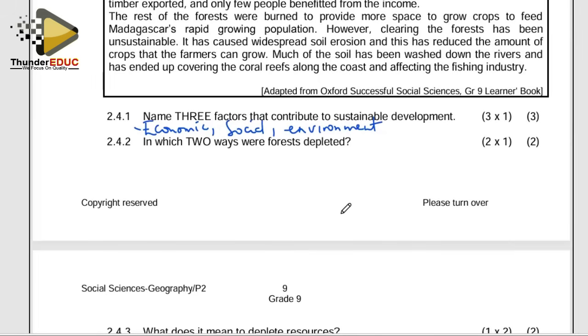In which two ways were the forests depleted? If you check there, you find that they are talking about the logging of timber, which we can also present in another dimension as deforestation, or as cutting down of trees.